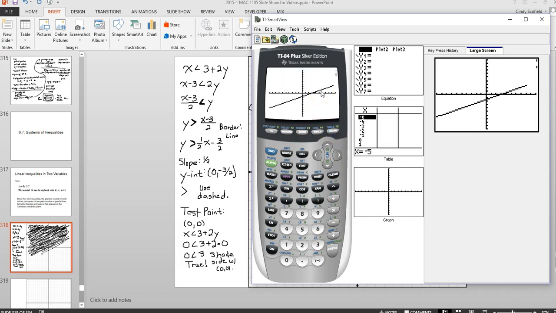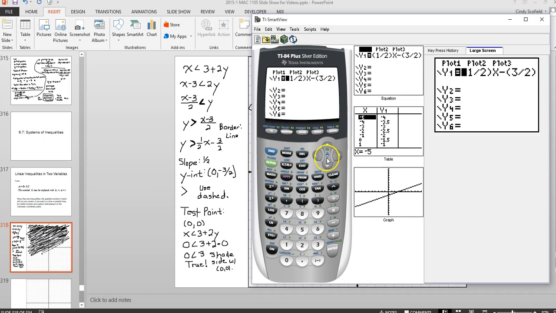And my calculator, since I'm having to do it this way, does not show the dashed line. So I have to know it should be a dashed line because of this symbol here. But I also have to know where to shade. Okay, I can do the test point, but let me let you in on a little secret. You don't necessarily have to use a test point.